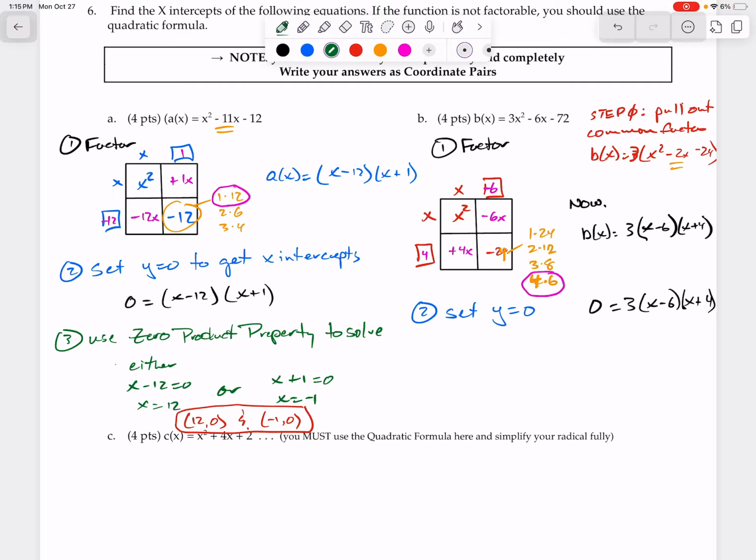And then lastly, use the ZPP. So x minus 6 equals 0, so x equals 6, or x plus 4 equals 0, so x equals negative 4. And our answer then is 6, 0, negative 4, 0.